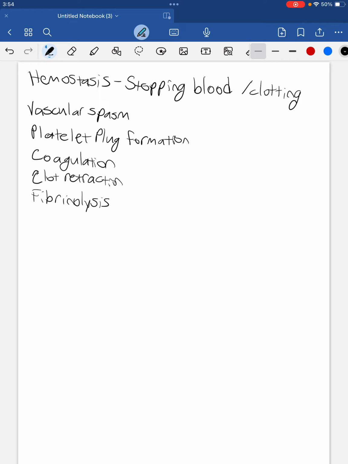Okay, so we will start with vascular spasm.